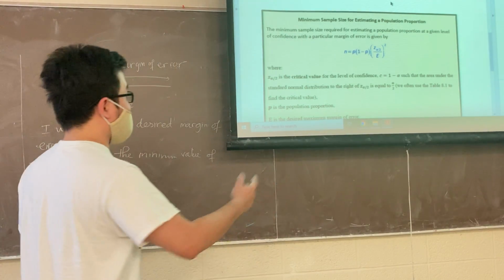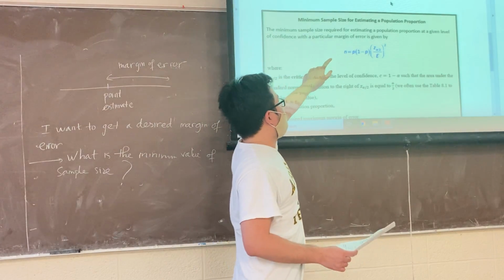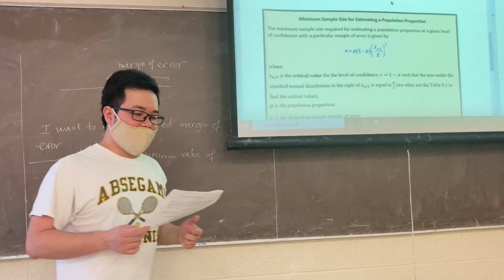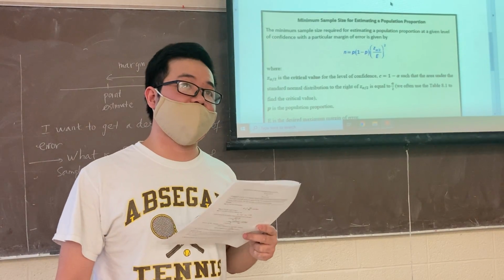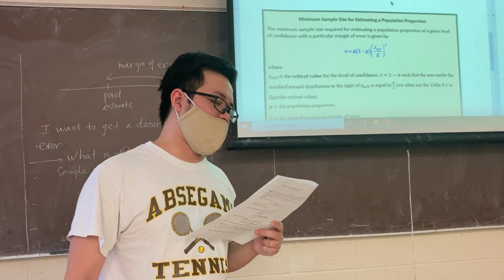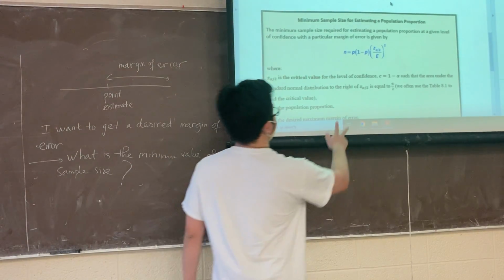Now you can answer the question by using this formula. The minimum sample size required for estimating a population proportion at the level of confidence with a particular margin of error will be given by this formula.